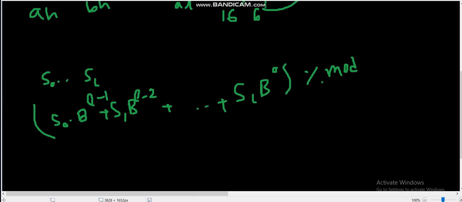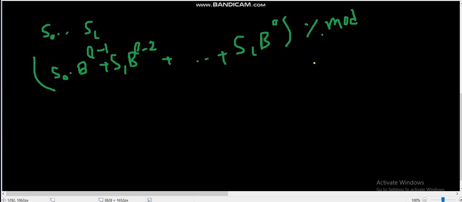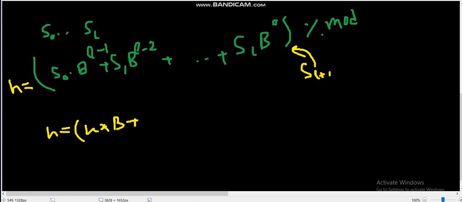Now when we are doing a sliding window approach, let's say we add s of l plus 1 in the hash, right? What will we do? Let's consider this as h. Our hash will be updated as h equals h into base plus our new character s of l plus 1.